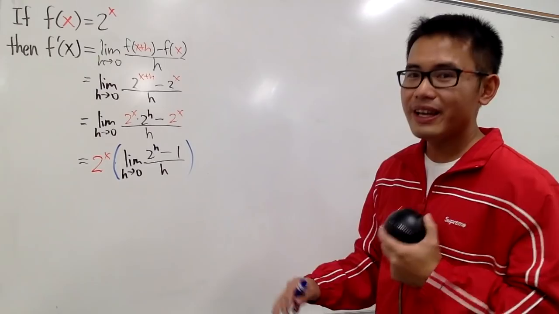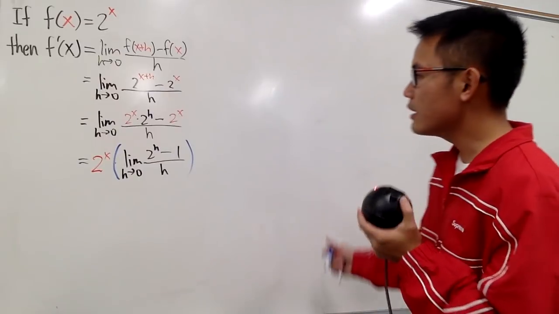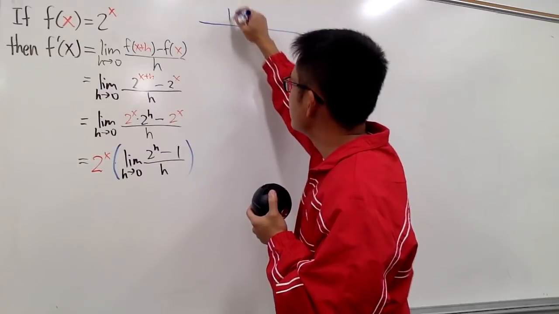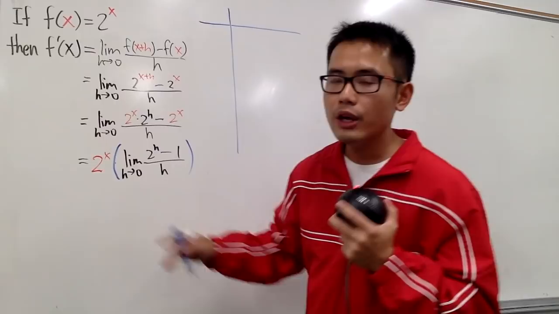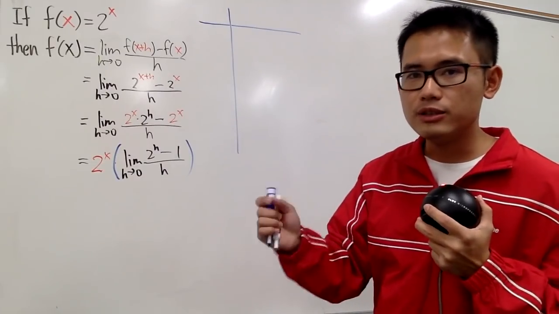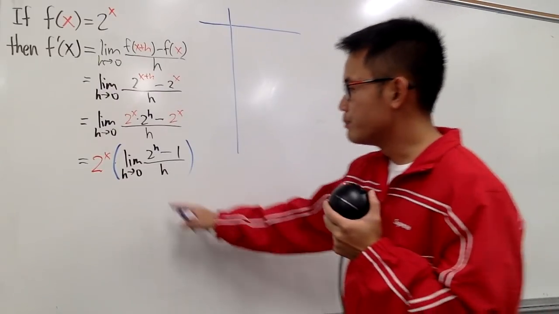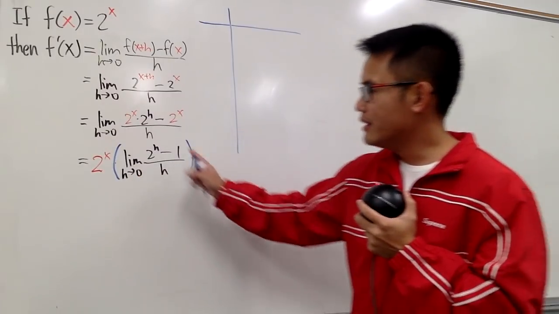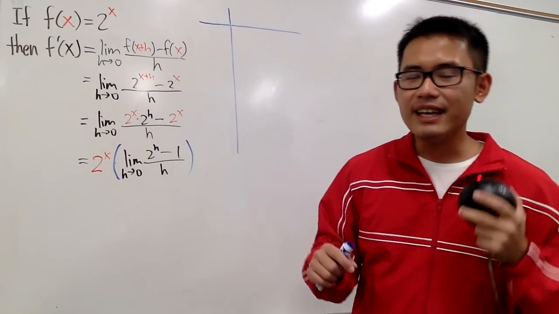In this situation, we are going to use a calculator to investigate a little bit. To do so, I will draw a table on the side for you, like this. Recall that when h is approaching 0, you can think of h as a really small number close to 0, such as 0.00000001, etc. And don't forget to do both the 0 minus and the 0 plus, because we have to figure out this limit as h goes to 0 from both directions, the negative side and also the positive side.